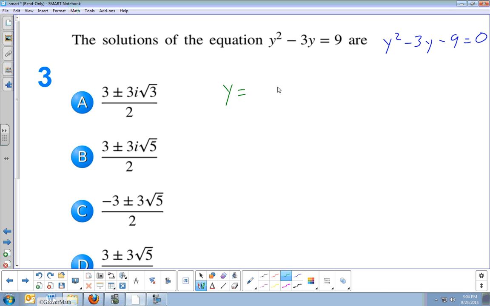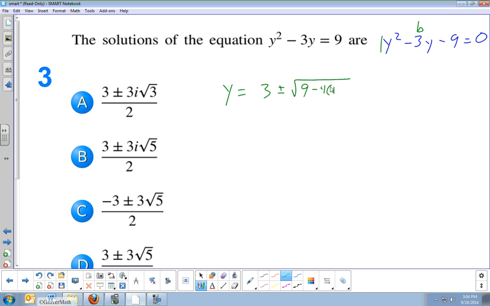So negative b would be positive 3, because b is negative 3, so opposite sign would be positive 3, plus or minus the square root of b squared. Even though it's negative, it squares to positive, so negative 3 squared is positive 9, and then a negative 4 times a, which is 1.